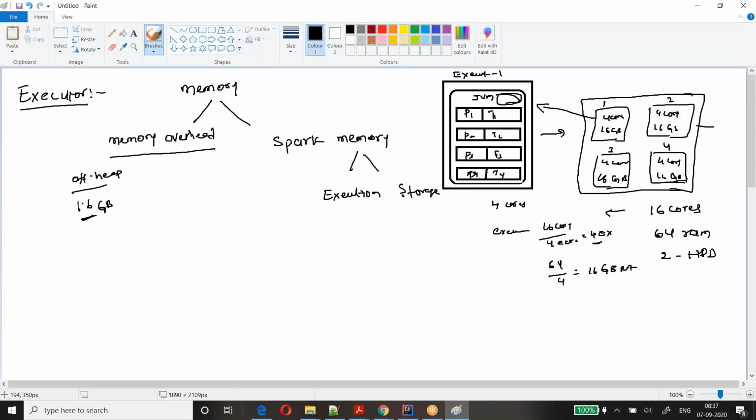This remaining memory contains three parts. Try to remember, guys. I have shown you only two parts here, execution and storage, which together come as one part. People actually say this is one part. There is one more part called reserved memory.